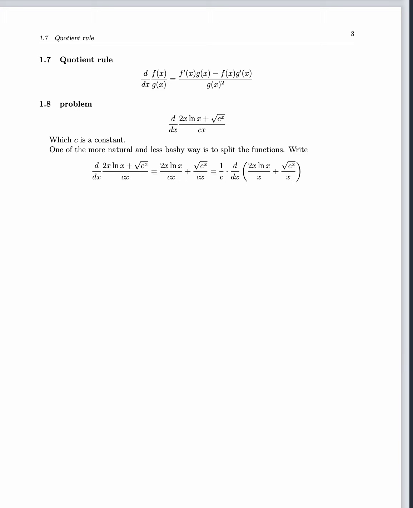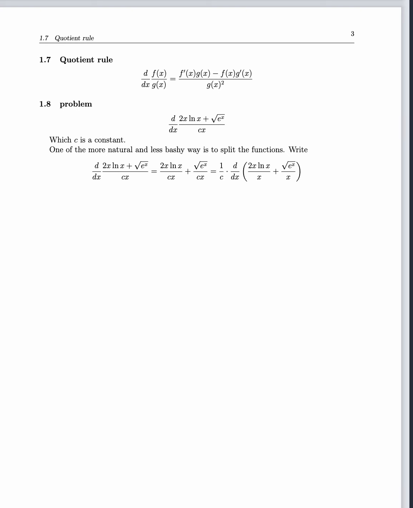I consider this one to be a little bit bashy, but now it's getting simpler. So we let a equal 2x ln of x divided by x, which can be written as 2 ln of x.